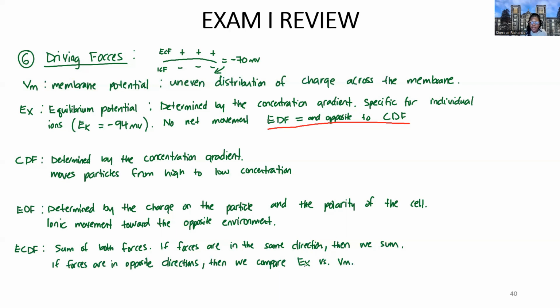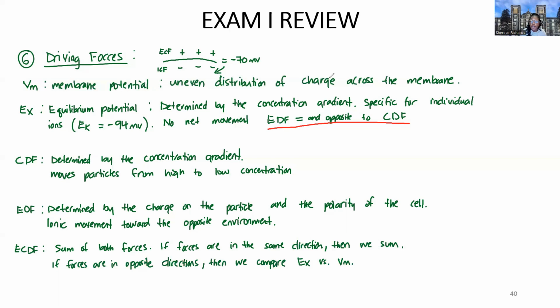So we're basically comparing the equilibrium potential to the membrane potential, and then the algorithm will sort of take over and determine what force is going to be the overall direction. Okay, so these are our driving forces. Again, go over this, go over the algorithm. And definitely know what direction of movement we're going to see for each.